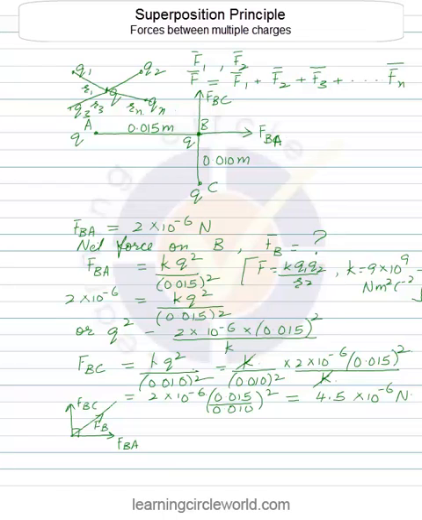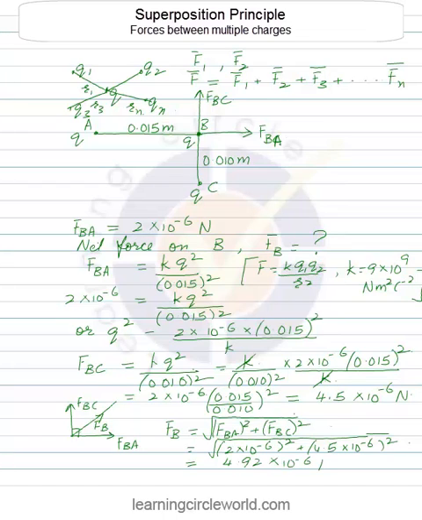Using the laws of vectors, FB will be equal to the square root of FBA whole square plus FBC whole square, which is equal to the square root of 2 into 10 to the power minus 6 whole square plus 4.5 into 10 to the power minus 6 whole square, which turns out to be 4.92 into 10 to the power minus 6 Newton.